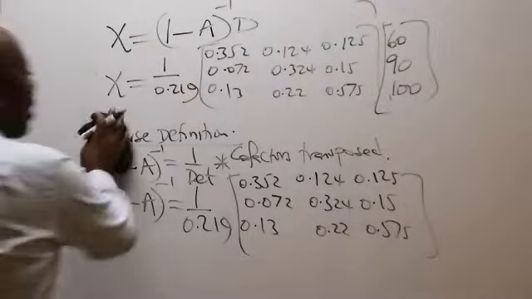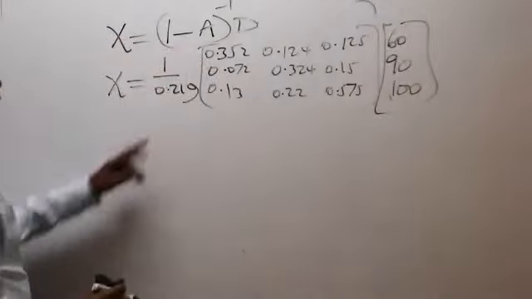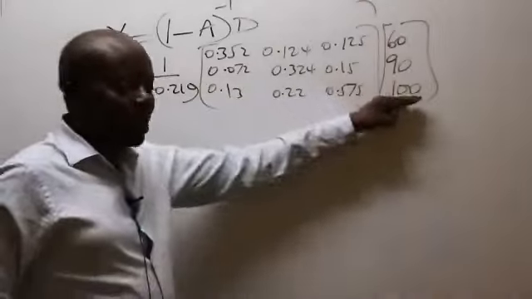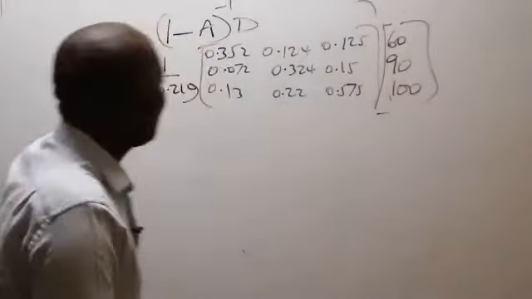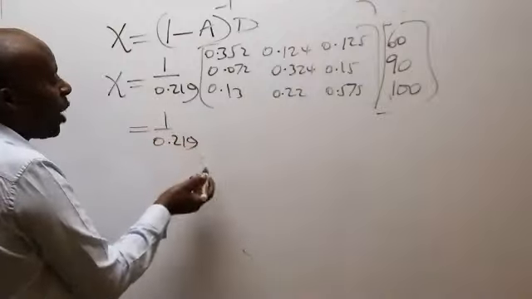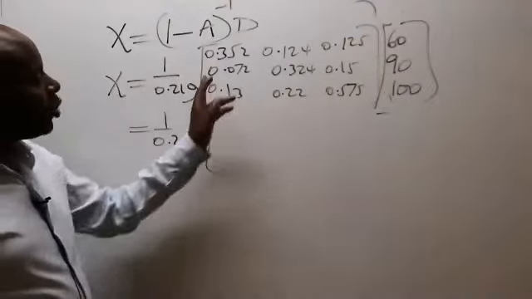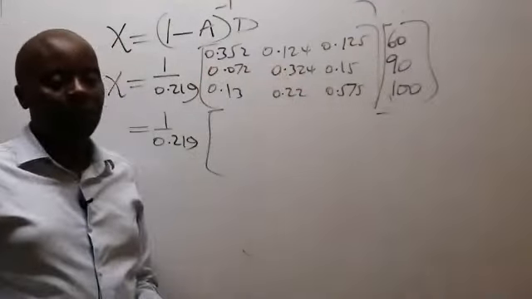Now what I'm going to do is quite simple. I've got a scalar and two matrices multiplication. So I'm going to leave the scalar, 0.219, outside. And then I multiply the matrices themselves first.